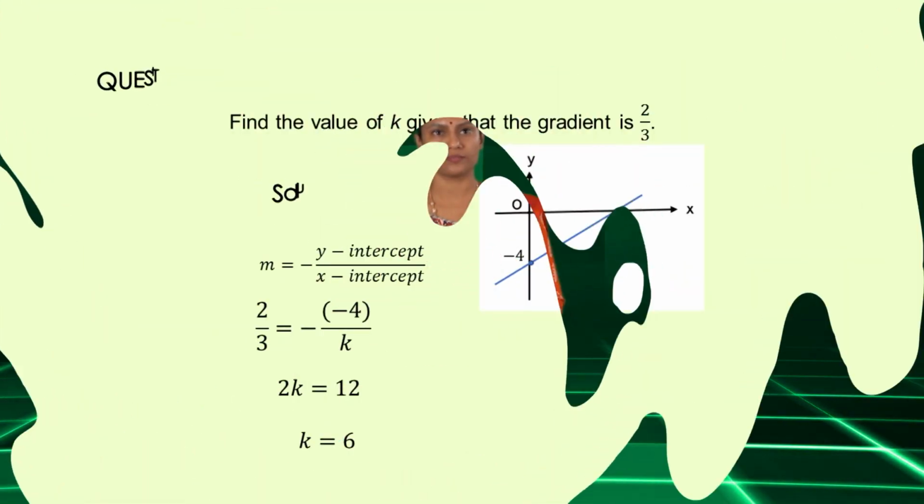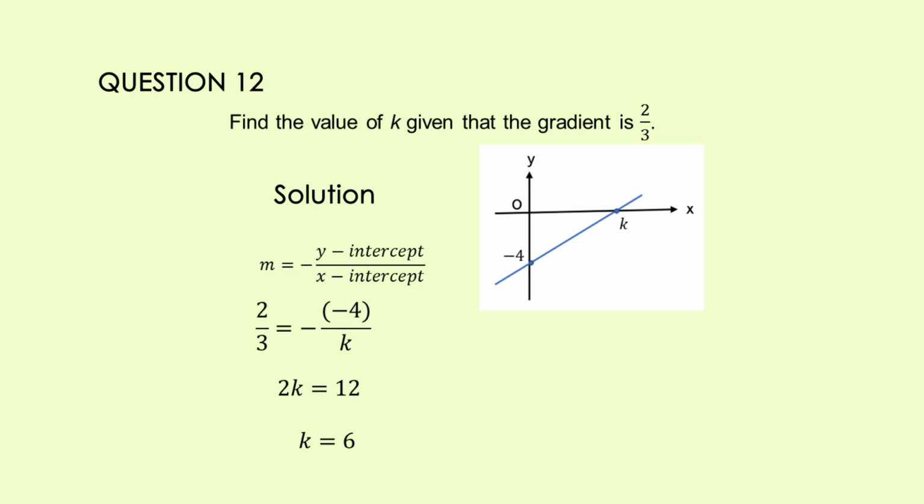Next, we are going to solve problems involving gradient of a straight line. Find the value of k given that the gradient is 2 over 3. To solve this, first, you must remember the relation between gradient and points.